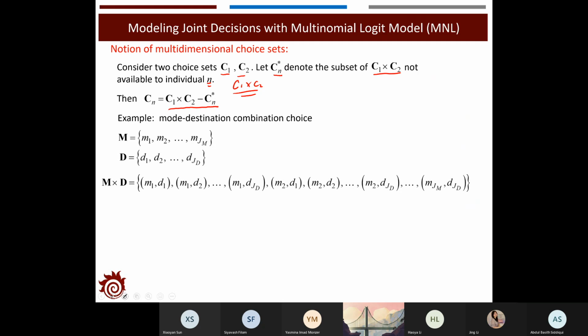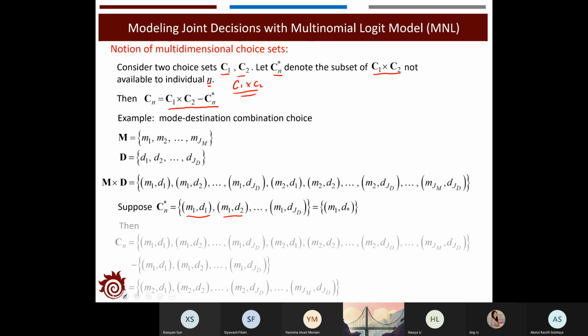And we also assume that some of the modes are not available for the individual n, say that M1 D1, M1 D2, M1 DJ are not available, which means that the mode M1 is not available for the individual n.